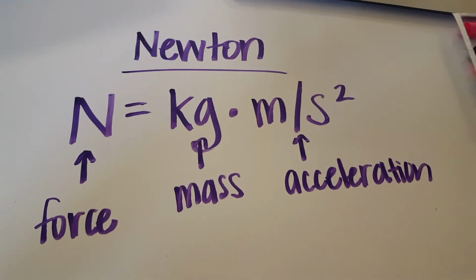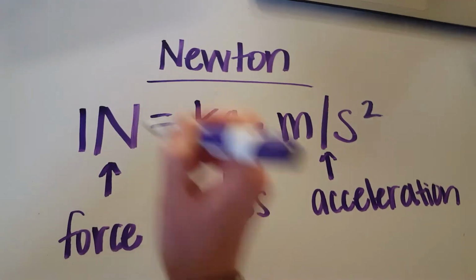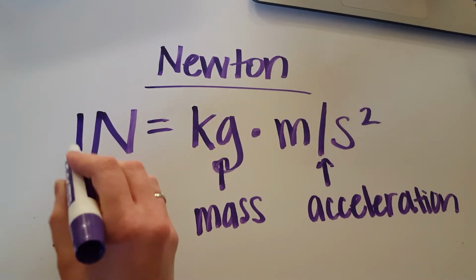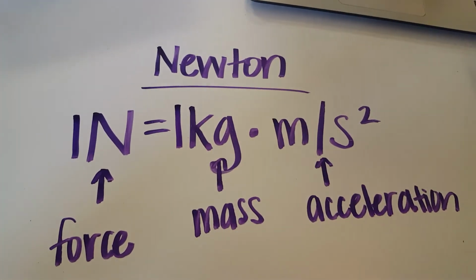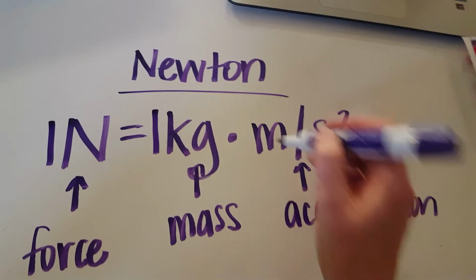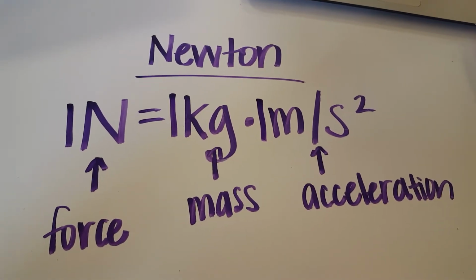So what they're really trying to tell you here is that if I had 1 newton of force, that means if I applied maybe a push of 1 newton on a 1 kilogram object, then that object would accelerate at a rate of 1 meter per second squared.